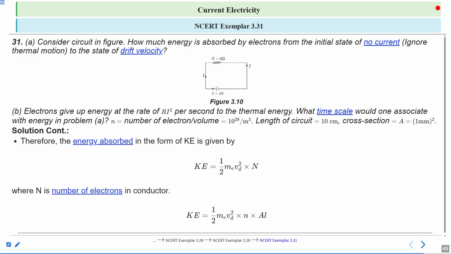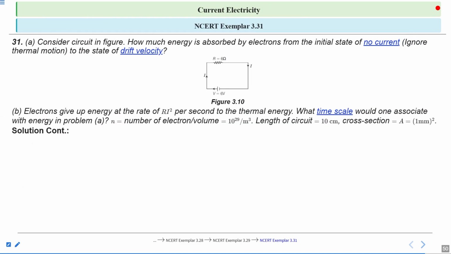So number of particles per volume into volume becomes capital N, the number of electrons. Putting all the values given in the question or calculated, we get kinetic energy as 2 into 10 raised to power minus 17 joule.